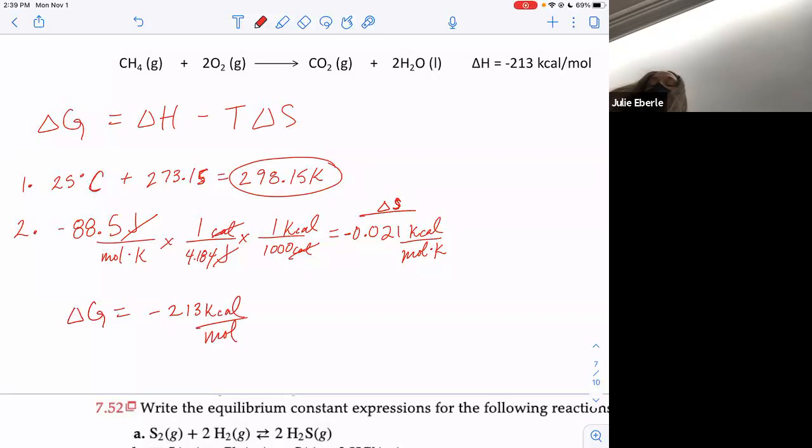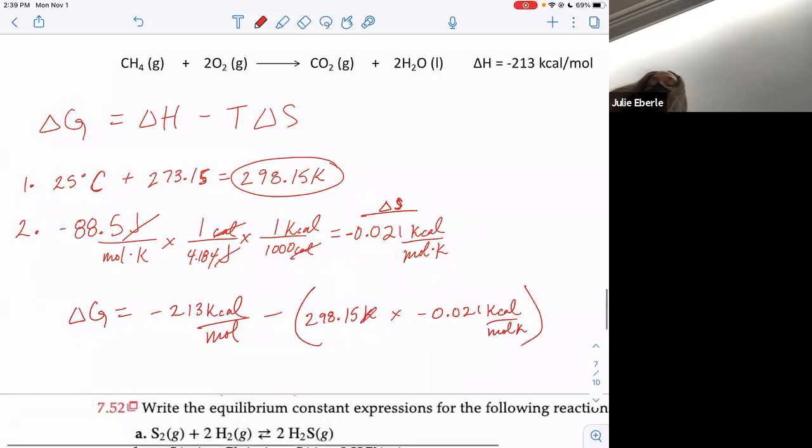And then it's delta H minus, I put this part in parentheses, our temperature, which is 298.15 Kelvin, times delta S. And we just solved for delta S, which is negative 0.021 kcal per mole times Kelvin.